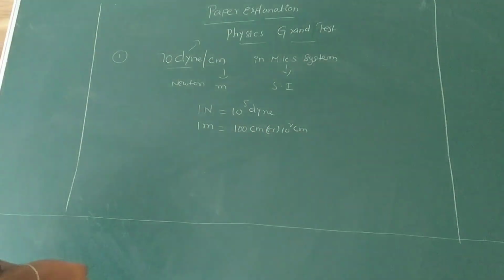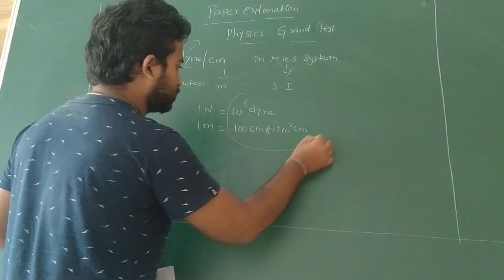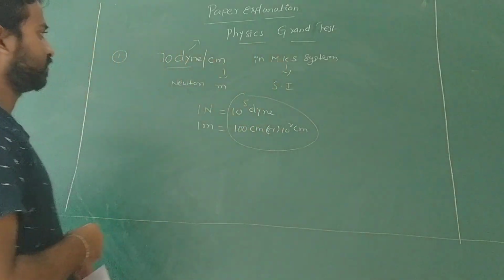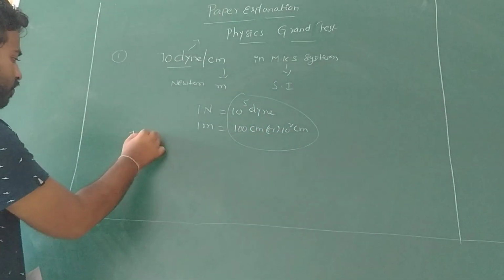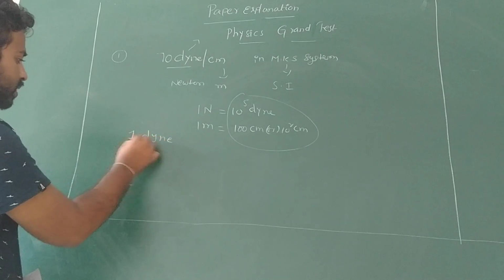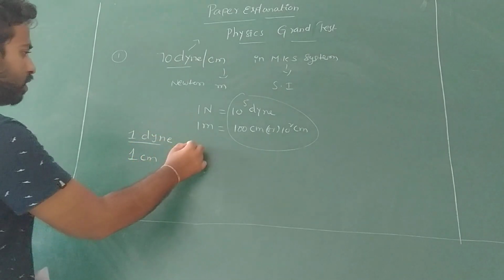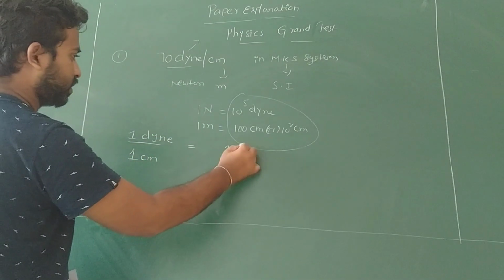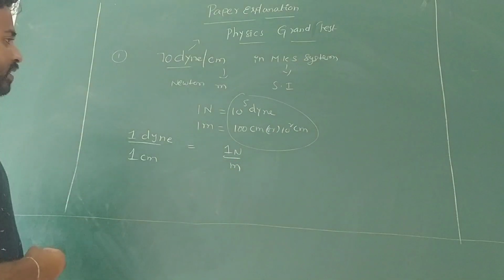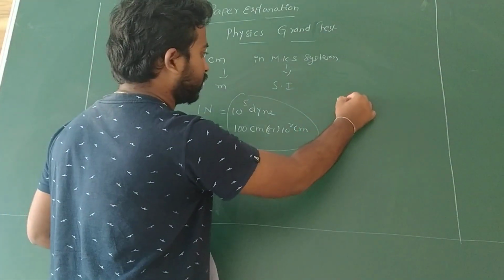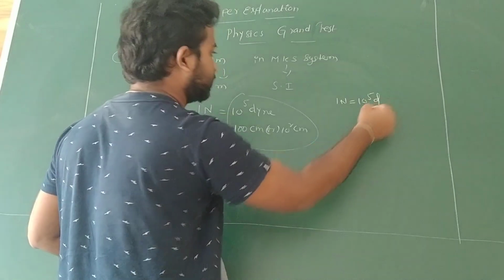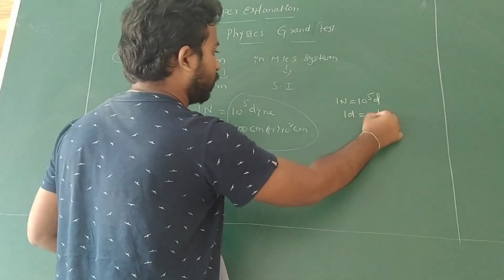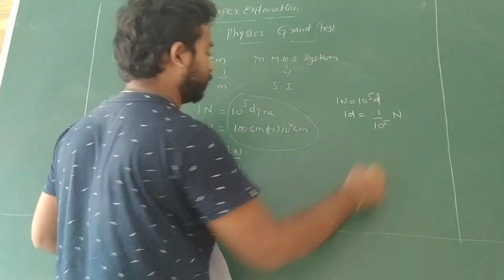So now I will convert these values in the form of MK system. See, here I will write. We want to convert 1 dyne by 1 centimeter equal to how many newtons by meter, right? See here, 1 Newton equal to 10 raised to 5 dynes, then 1 dyne equal to 1 by 10 power of 5 newtons.